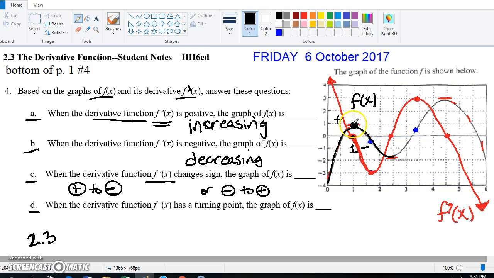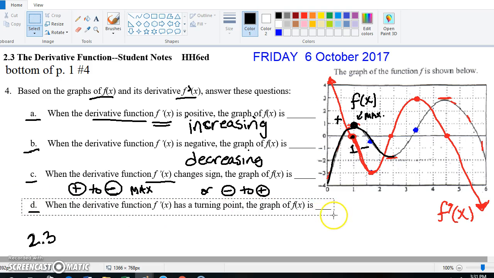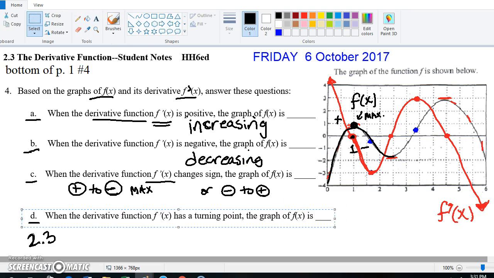What's happening on my function at that point? We actually get a maximum. So when my derivative changes from positive to negative, we have a maximum. All right. We also call these points in general turning points. So I'm going to say we have a maximum turning point.